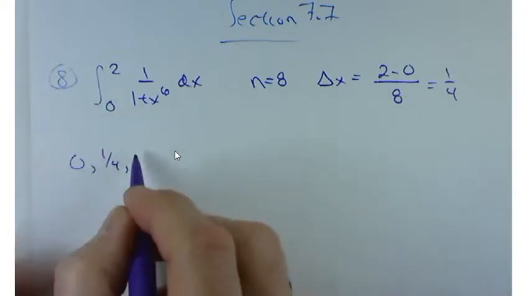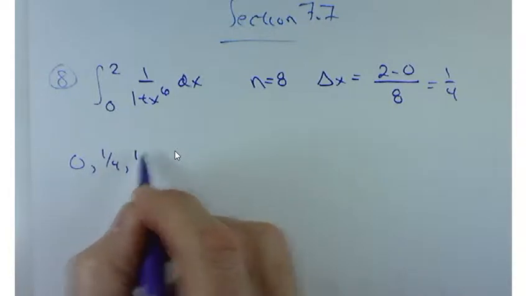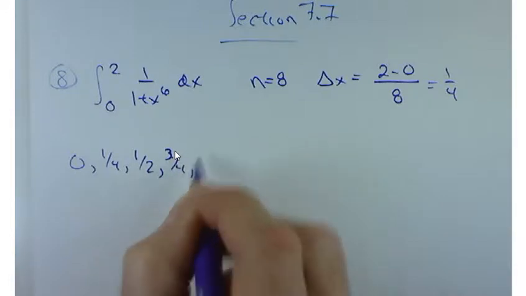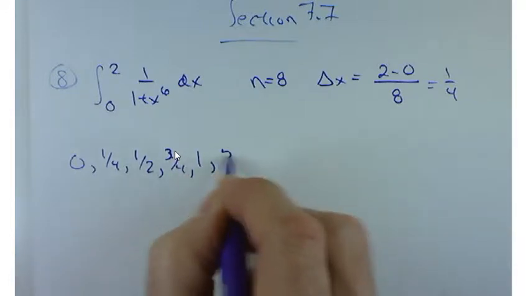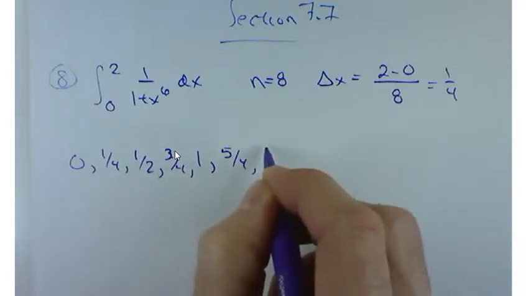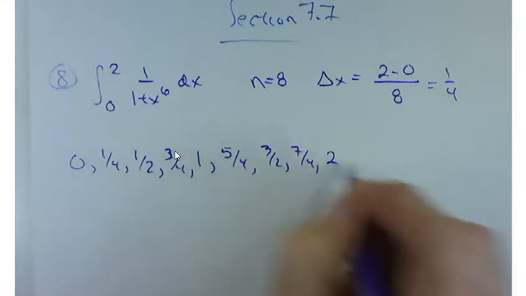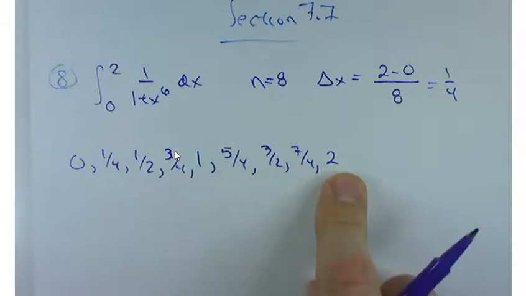And then the next one will be what? 1/2, 3/4, 1, 5/4, 6/4, which is 3/2, 7/4, and then 2. So these are the points where I will evaluate my function.